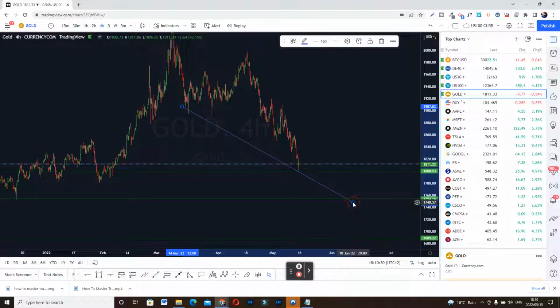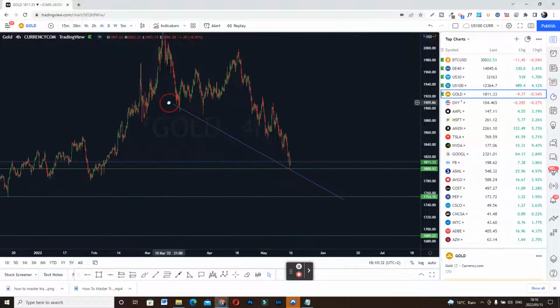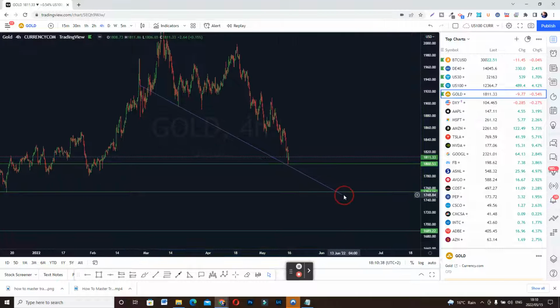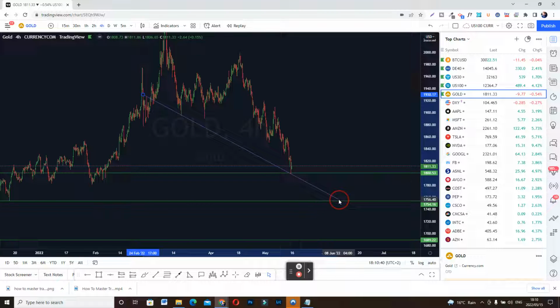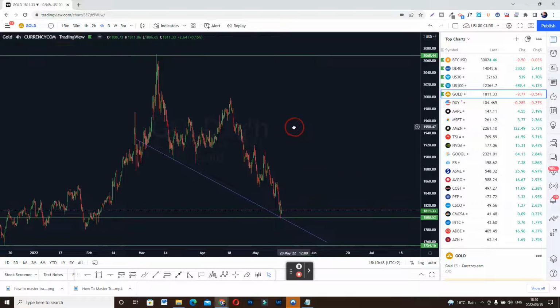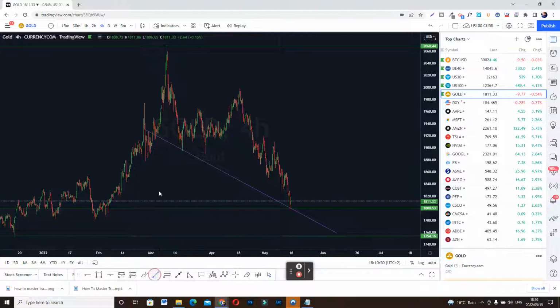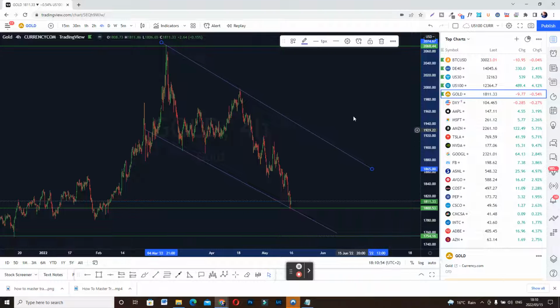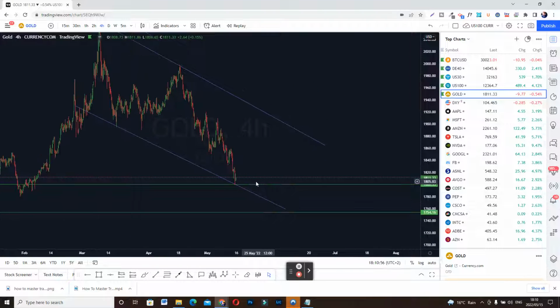We still have first touch, second touch. So gold might still keep going down, but this is the structure that presents itself right now. We don't have so much data, but gold could also be picking back up to the top.